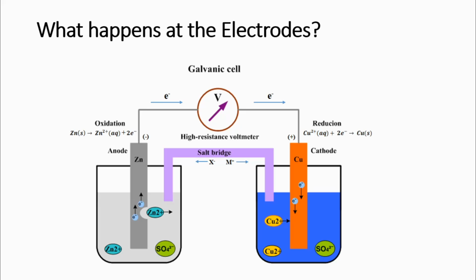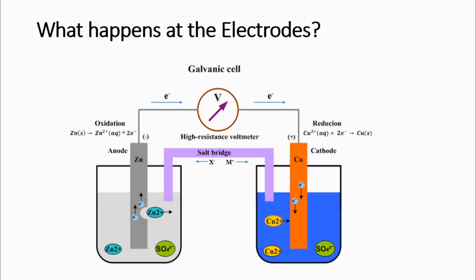That is, they will remove electrons from the cathode, and this will cause the cathode to then bear a net positive charge. However, when these copper ions collect electrons from the cathode, they become reduced, and so they end up sticking to the surface of the cathode.